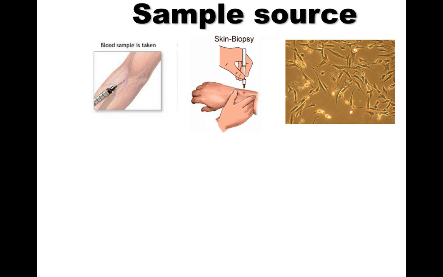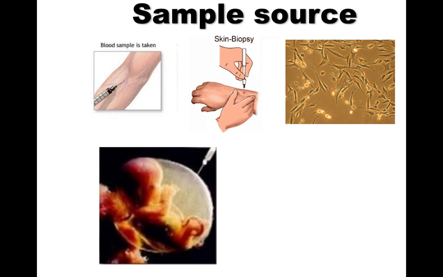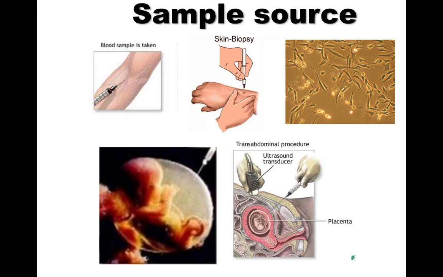preparation. It can also be done for a fetus inside the uterus by taking a sample from the amniotic fluid surrounding the fetus, or early in pregnancy, the sample can be taken through a transabdominal syringe that obtains a sample from the placenta.